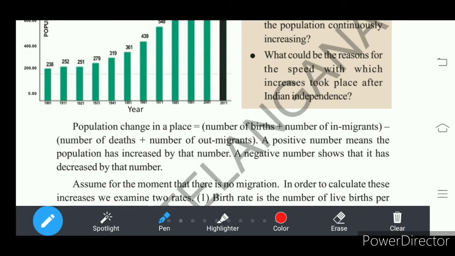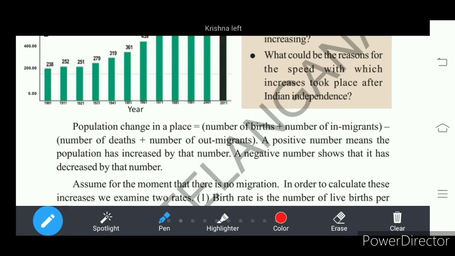Understand? In that way, population change in a place can be identified. Number of births and migration in we have to add, and from this we have to subtract the number of deaths and migrants out of Telangana. Then you will get a figure.